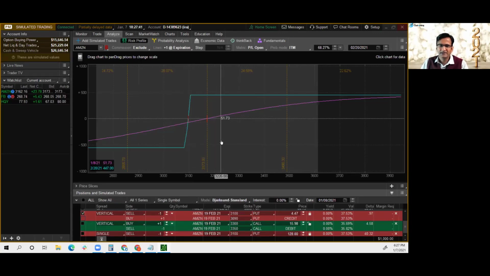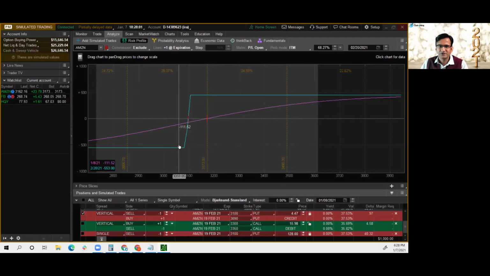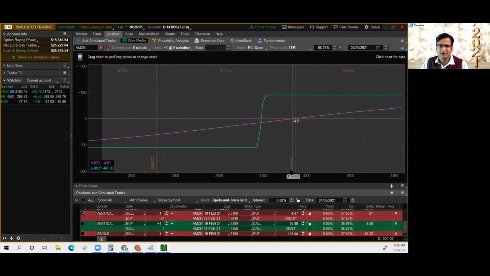Width means the difference between the two strike prices. Going back to our Amazon example, the difference between these two strike prices is $10. Now you multiply 10 by 100 because each contract has 100 underlying shares in it. So that becomes 1,000. That is the amount of capital that will be blocked for doing this trade.